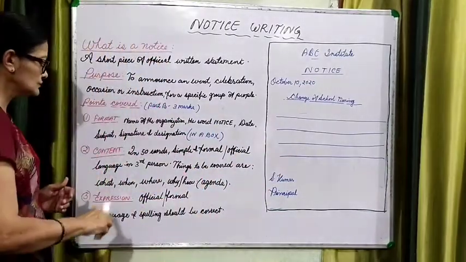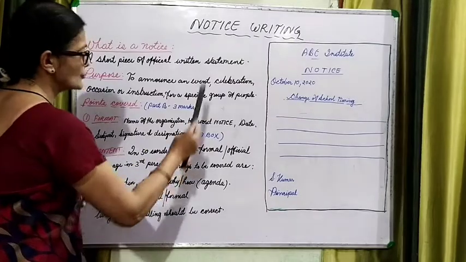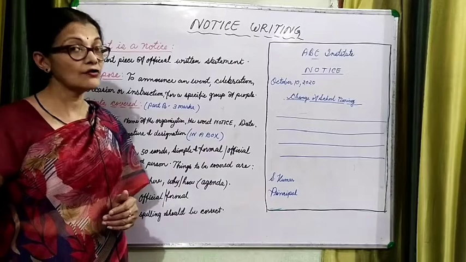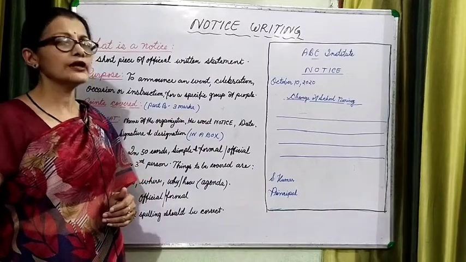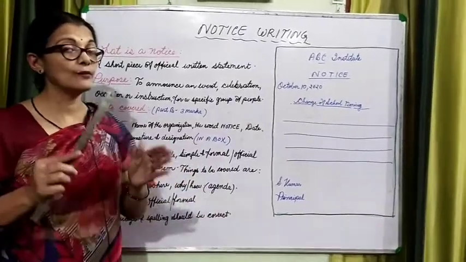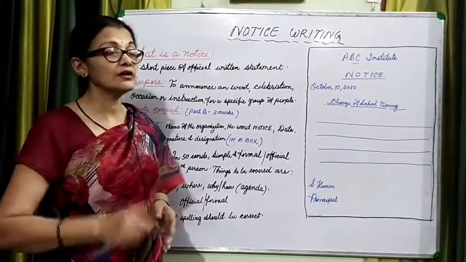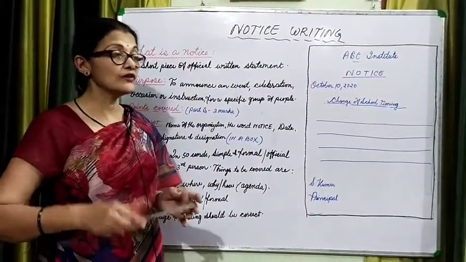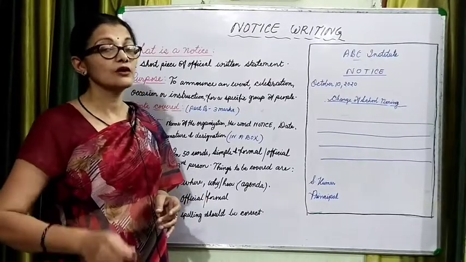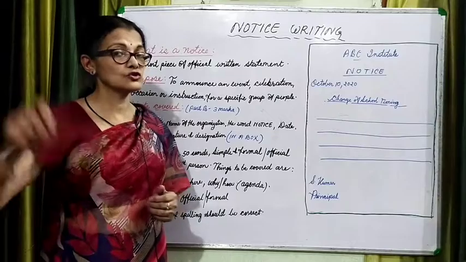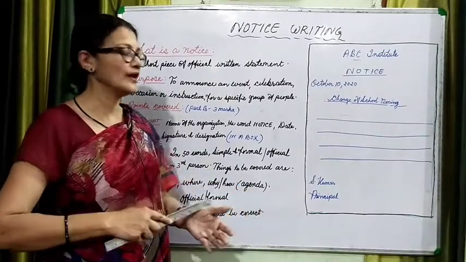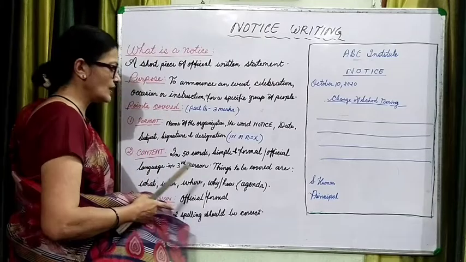In 50 words, that is the limit prescribed by our CBSE board. It could be 5 to 10 words plus or minus. You don't have to count exactly, but maximum 10 words, children. Don't go below that, don't go above that. So 5 to 10 words plus or minus is okay.